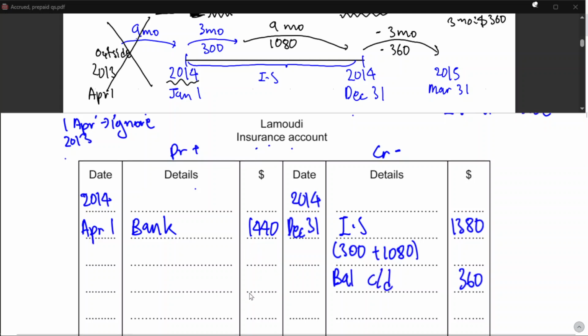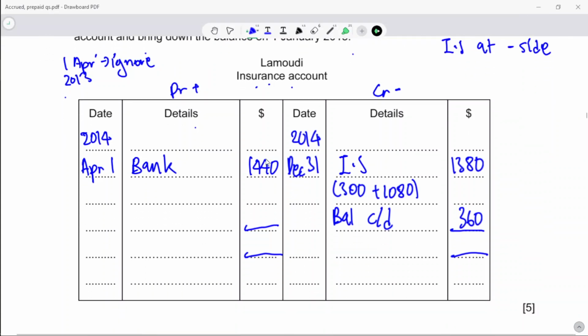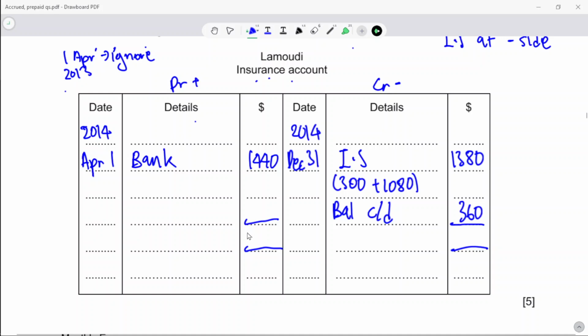So let's total the account. Balance brought down to next day.